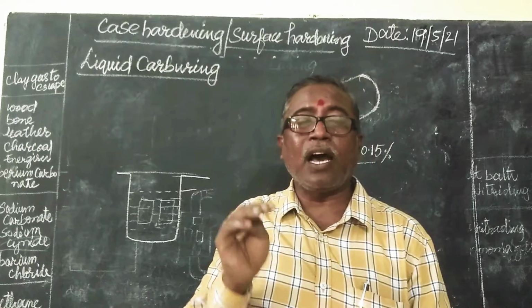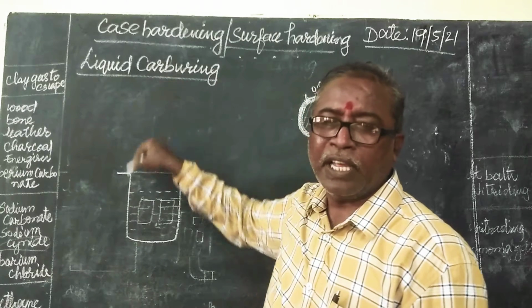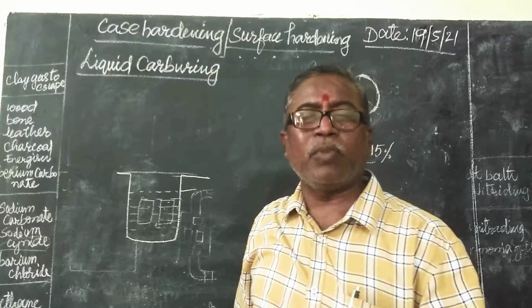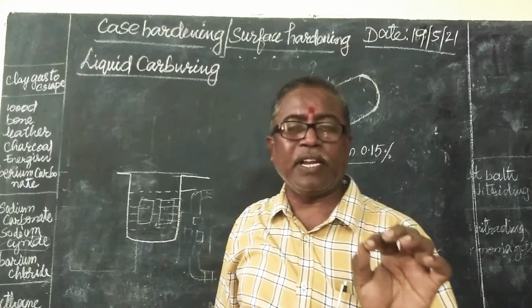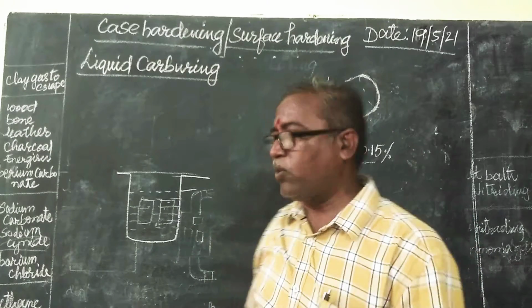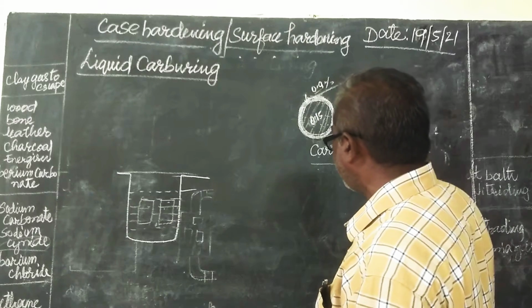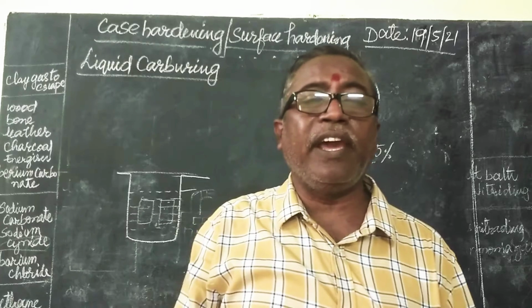That is carburizing. In liquid carburizing, we use the liquids to produce carbon on the outer surface of the metal. So why do we have to do carburizing? Already I said, when this surface is hard, it will not wear. That is called wear resistant.